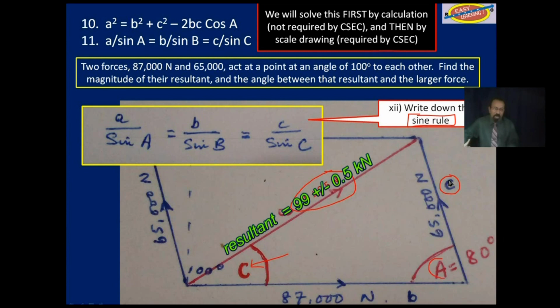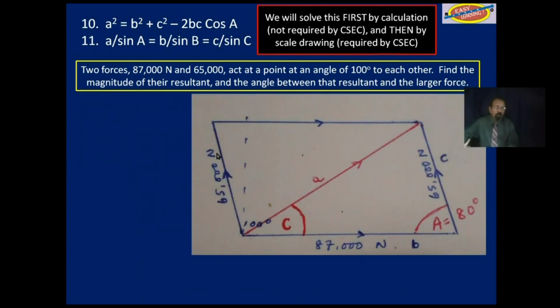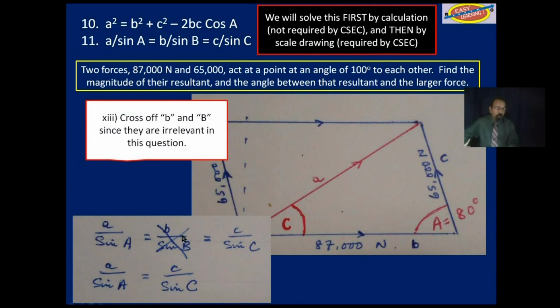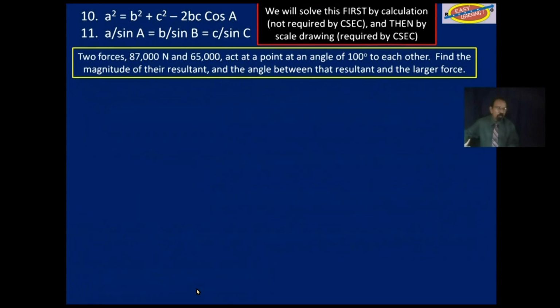We will have to use angle A and side A. So for this part, we don't need this B nor that angle B. We will cross that out, and we are left with A over sine A is equal to C over sine C.